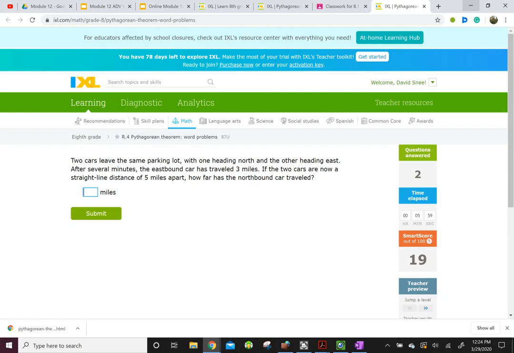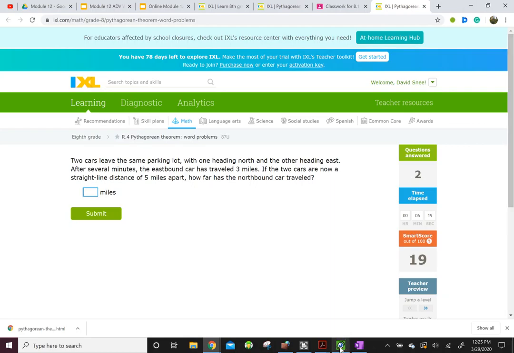If the 2 cars are now a straight line distance of 5 miles apart, how far has the northbound car traveled? So that's going to be a leg. My hypotenuse is 5.